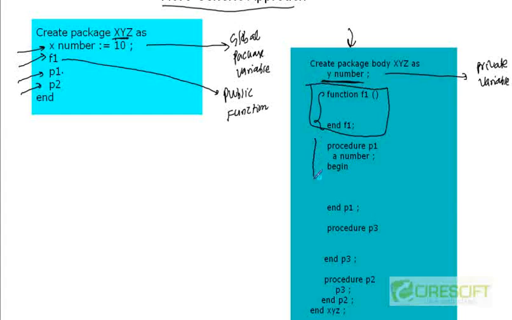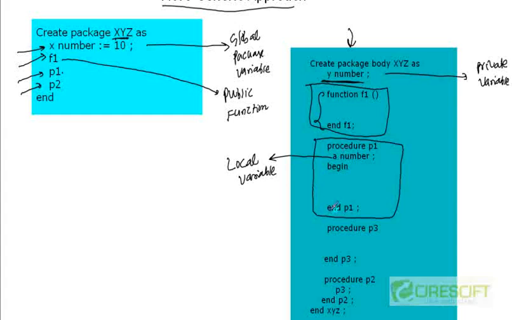Similarly, this is the definition of procedure p1, and inside this procedure p1 I have another variable a, and this variable is called a local variable. This local variable is only valid for this procedure p1.